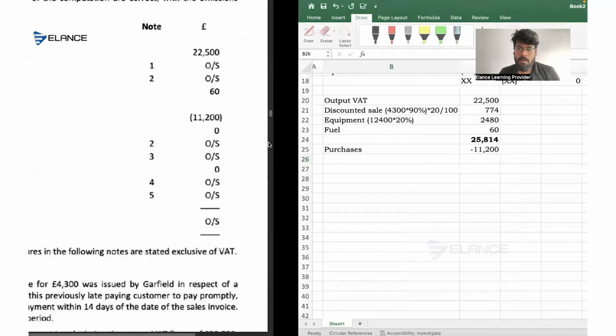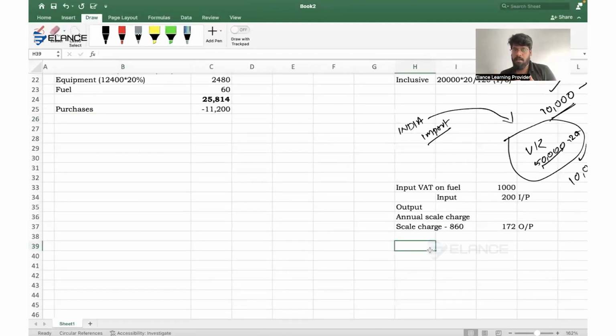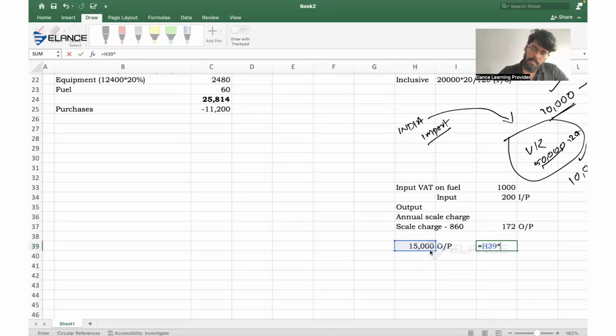For example, if I'm purchasing a car for my trade, I can reclaim the input VAT on the car if the car is 100% used for the purpose of business. For example, I bought a car for 15,000 pounds. Here the output VAT I actually paid to buy this car is 20% of 15,000.